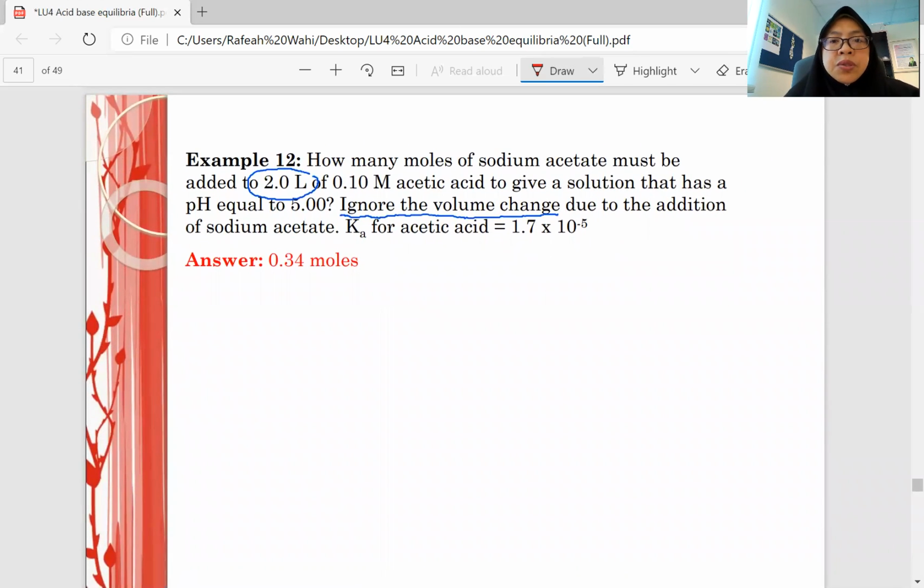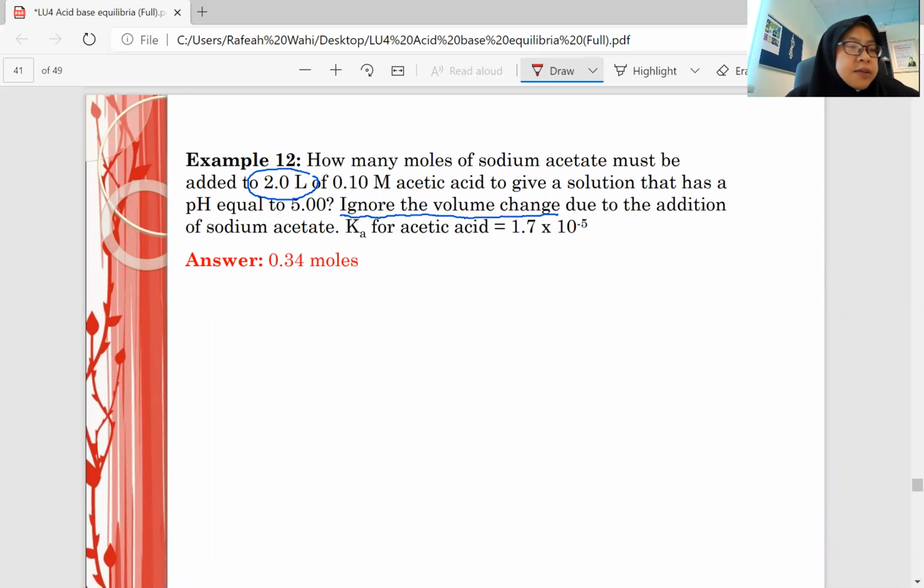How many moles of sodium acetate must be added to 2 liters of 0.1 molar acetic acid to give a solution that has a pH equal to 5? So ignore the volume change, meaning that you don't have to recalculate the new molarity of each species due to the addition of sodium acetate.